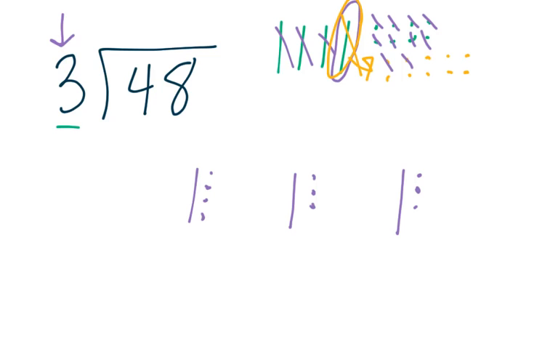What we're doing right now is dividing. We're taking our 18 ones and dividing them into our equal groups.